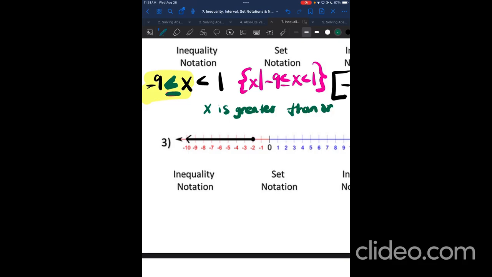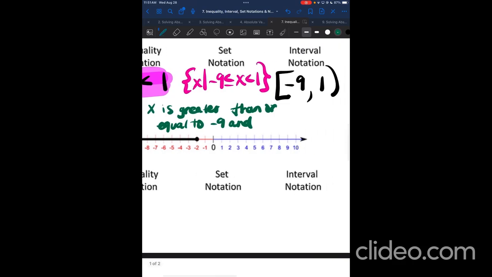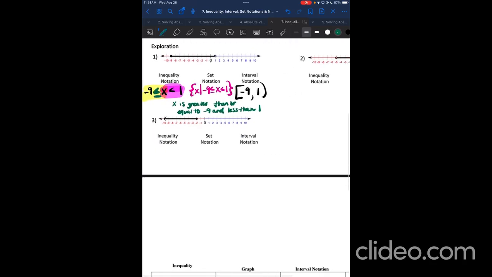We do have an equal sign, so or equal to the -9. And then I'm going to look at this side. So you're kind of looking at two different parts of it. So then that reads x is less than 1. So we can say and less than 1. If you want to say x again, that's fine. But this is enough to write your description.